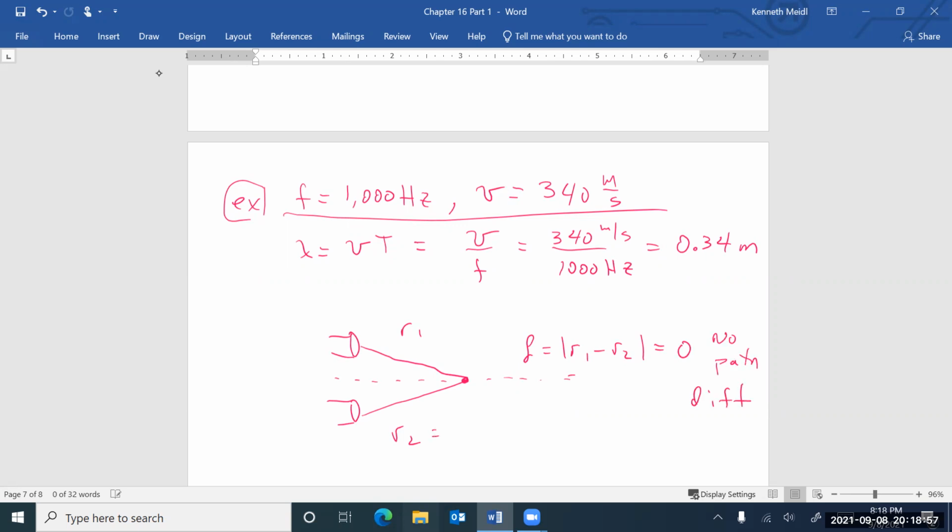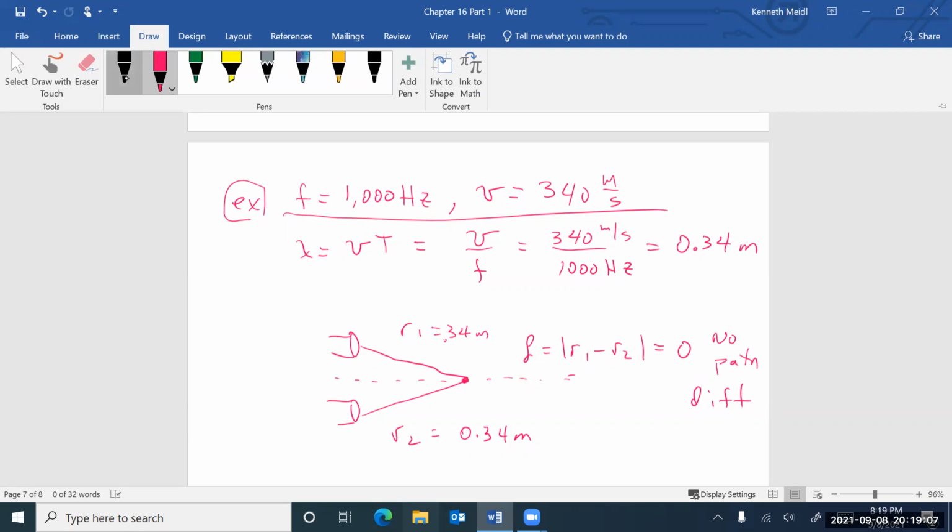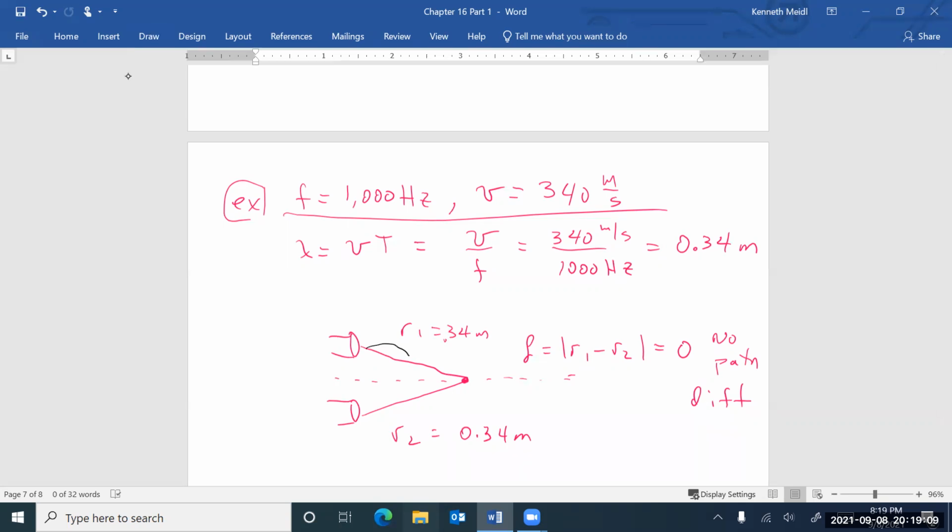And if this happened to be something like 34 centimeters, and this was 34 centimeters, then we have a whole wave right there. So they're completely in phase.